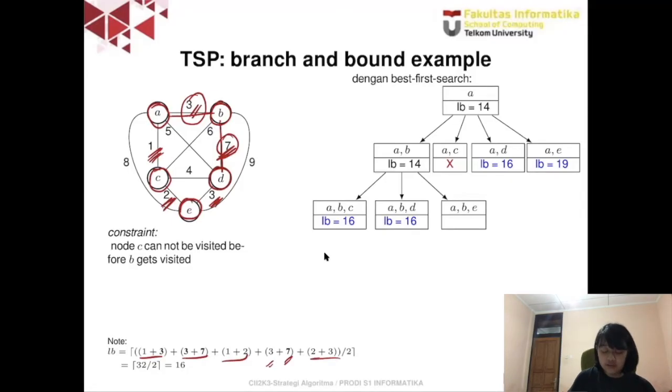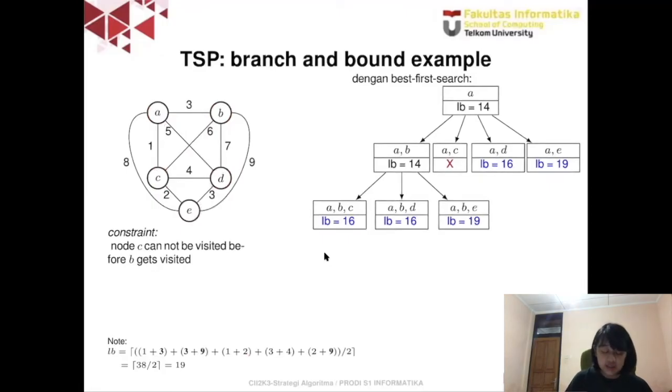Okay, so we have 16 as the lower bound, and for the next option, A, B, E, we do the same. A, B, E means that A must be attached to 3 and another edge that cannot be lower than 1. For B, it must be attached with 3 and 9.